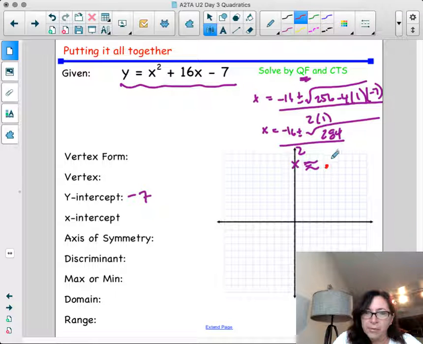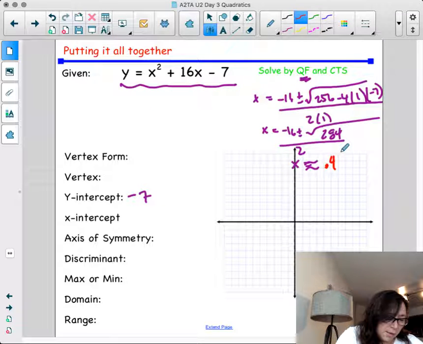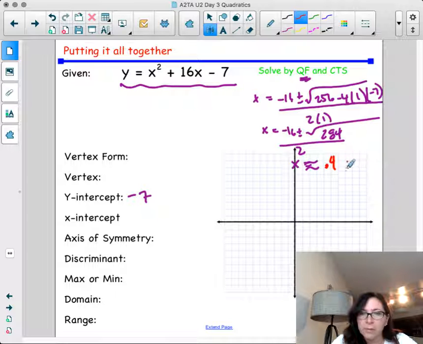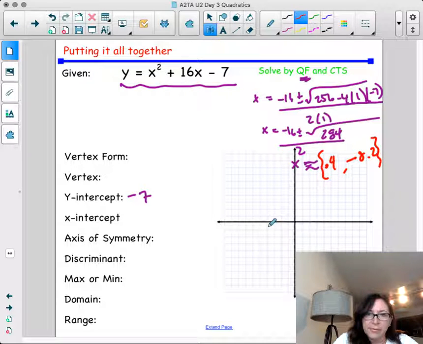Okay, so one of them's 0.4, and then I'm going to go negative 16 minus 16.8. Divide that by 4, and I get negative 8.2. So these are my approximations. This is the value of my x-intercepts. So we're going to say negative 0.4 and then negative 8 something. So those are my x-intercepts.